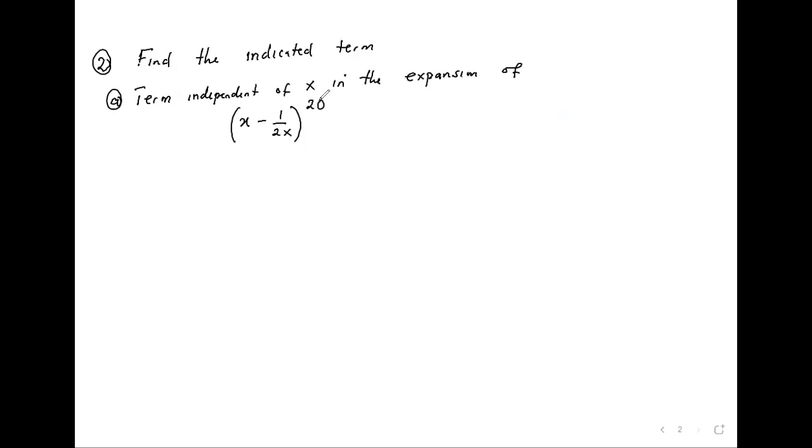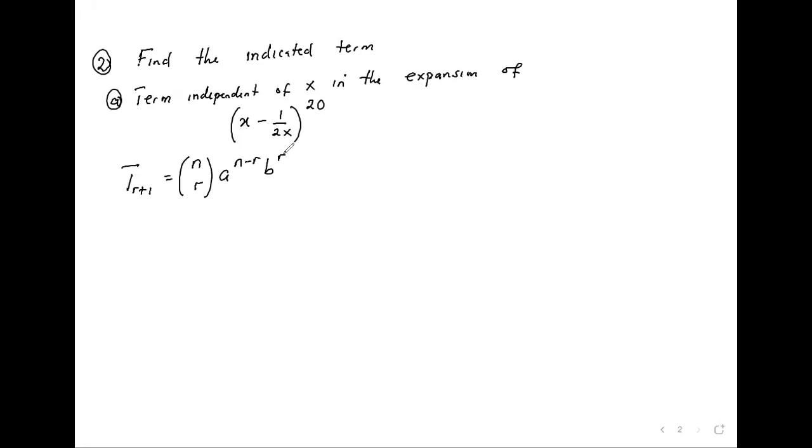Now, you guys remember that in the binomial expansion, we had this term nCr a^(n-r) b^r. This is the term that you use to get any term that they mention.